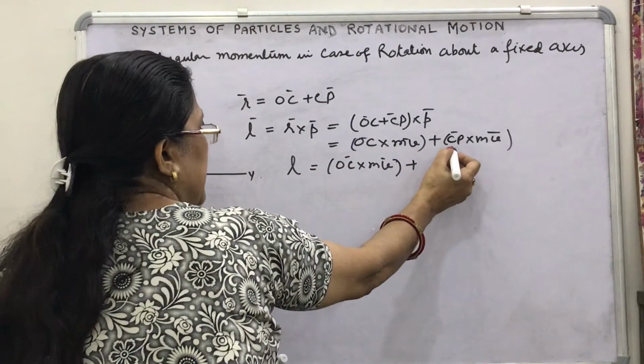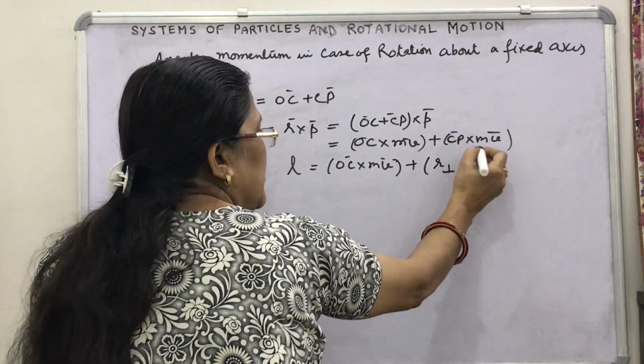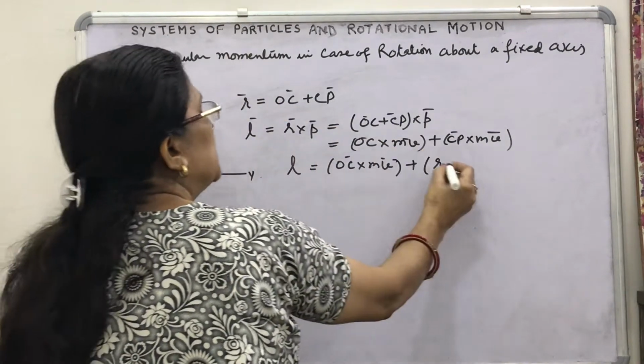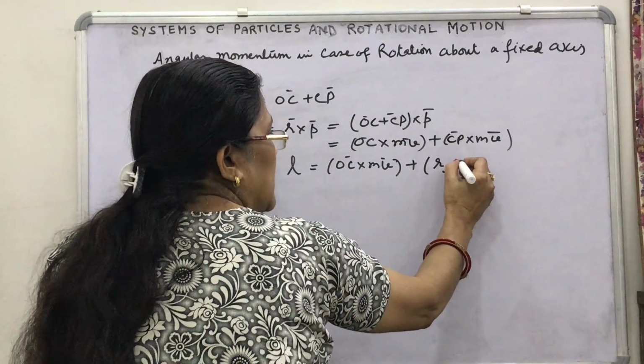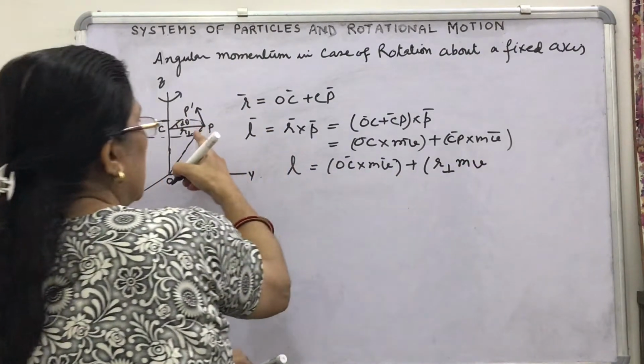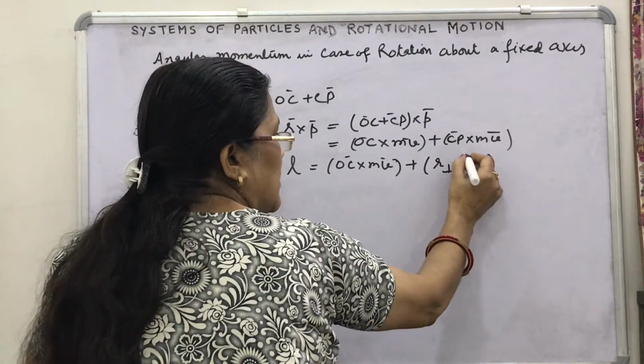Here CP is r perpendicular, so it is r perpendicular into mv, and the direction of v is that of mv, so it will be mv sin 90, which is 1.